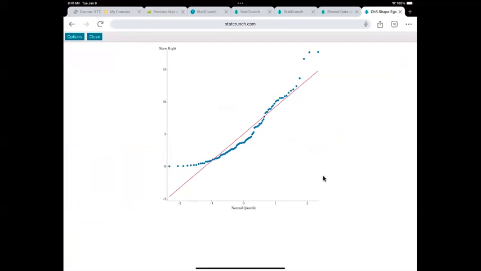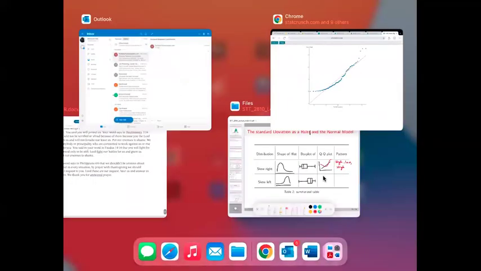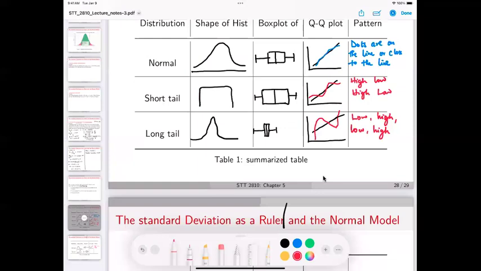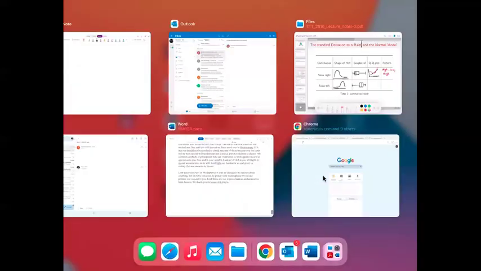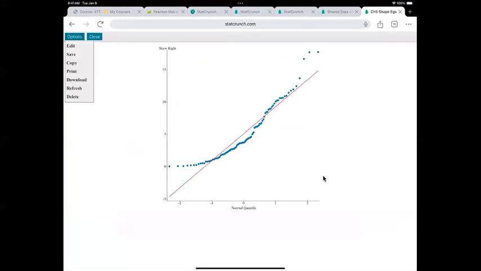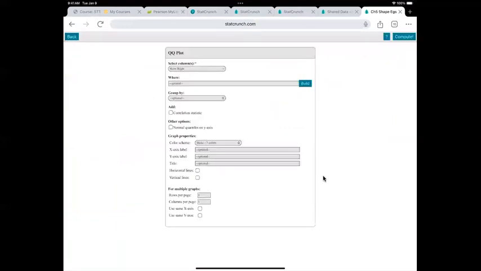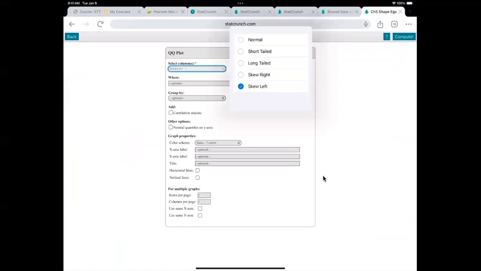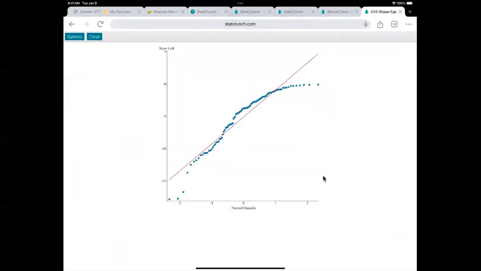And then let's finish with our last one, which is the left skewed. Let's go to StatCrunch, go to options, edit, and then compute. So this is also giving like an N. You see, some of the data points are very low. Look at where the -2 is. That should tell you those ones are outliers, right? So this is low, high, low.